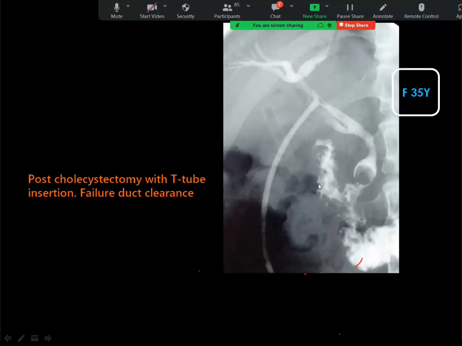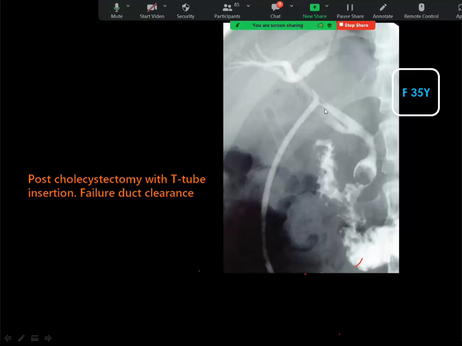This is an old technique, but you may see it in the exam. Sometimes some of the examiners have these films which are known as T-tube cholangiography.